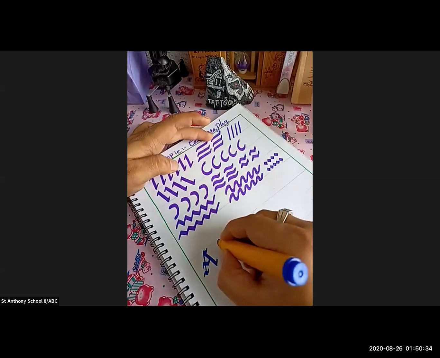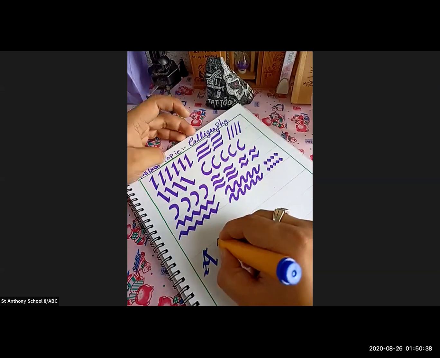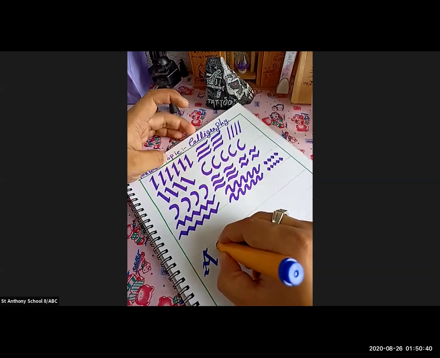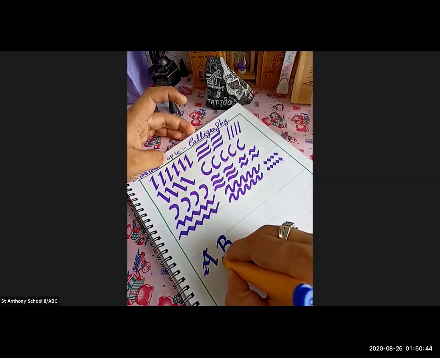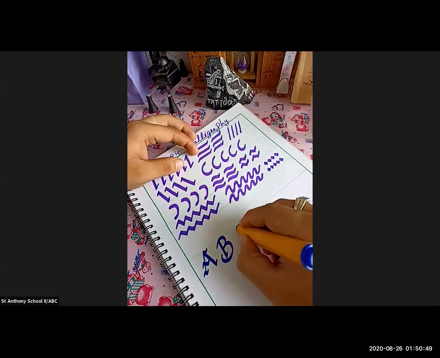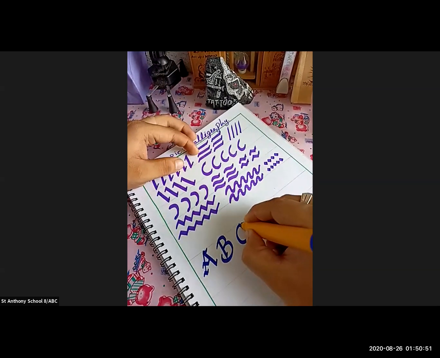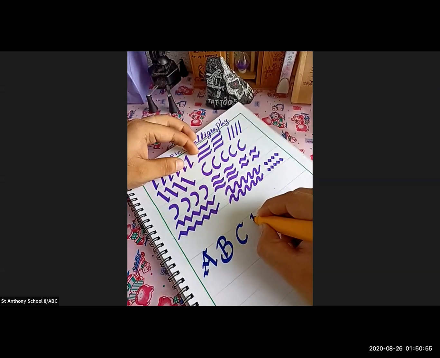Then comes the B. First a straight line, then I'm going to take a curved line over here and a second curve over here. So this is B. Then comes your C. C is for the curved line. Give the proper stroke. This is C. Then comes D, straight line, then the curved line.